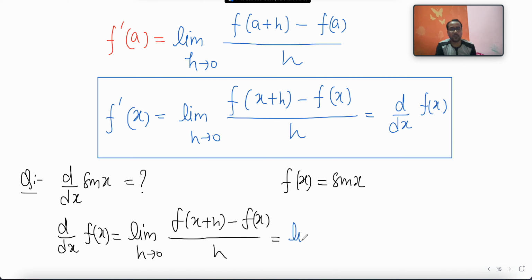So it will become limit h tends to 0 sine of x plus h minus sine of x upon h. Now if we are able to find this limit, then we can find the derivative of sine x with respect to x. So now let us find this limit answer.